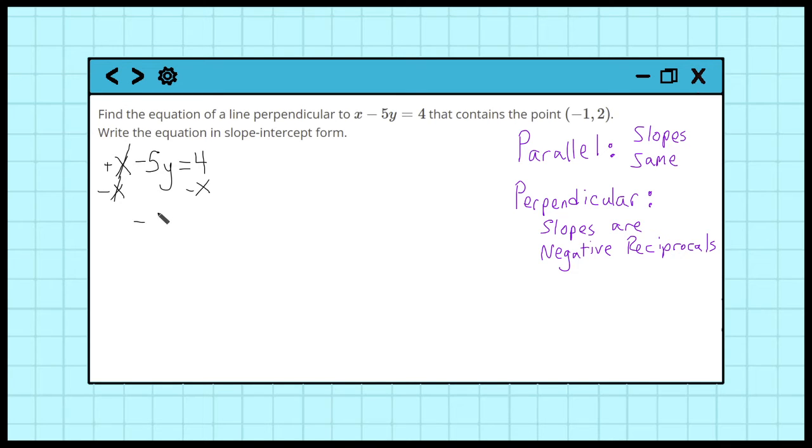So notice that the negative is with the 5. It has to stay. Over on the right side, I could write 4 minus x, but I will choose to write negative x plus 4.